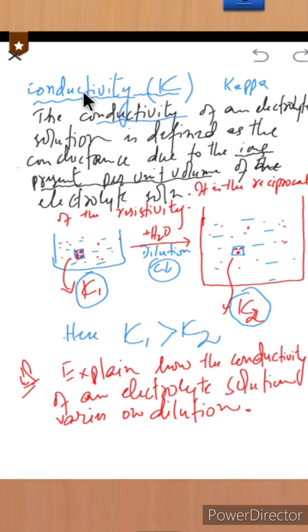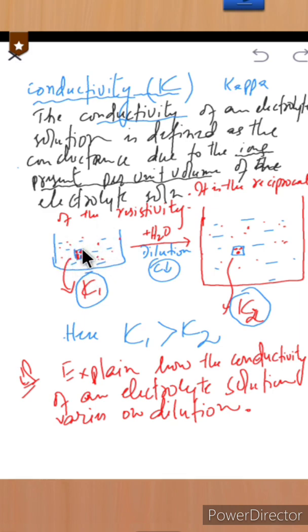Now let me explain about conductivity. Conductivity is represented by kappa. Conductivity is nothing but the conductance due to the ions present per unit volume of the electrolyte solution. Suppose this is the electrolyte solution.